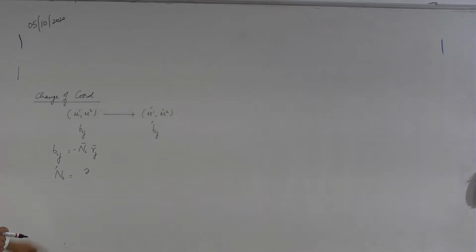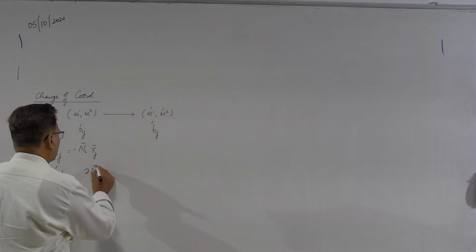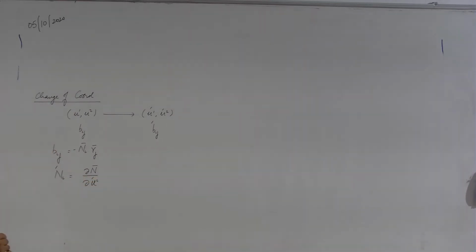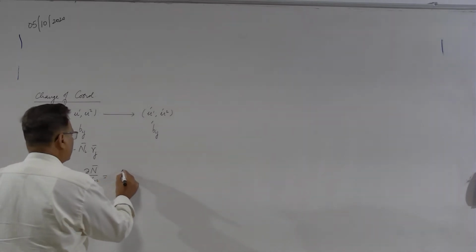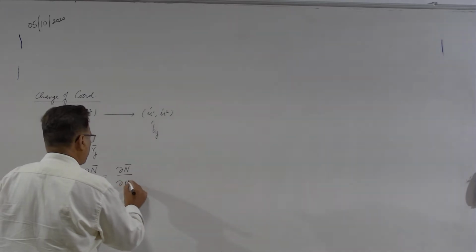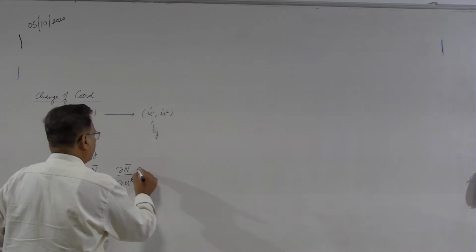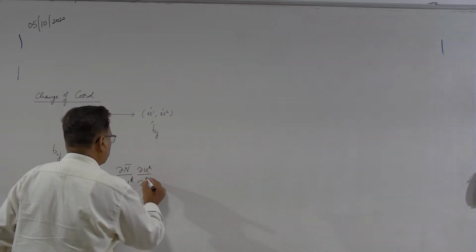So, let us see. Suppose n dash i denotes the derivative of n with respect to the coordinate u_i dash. This I can rewrite as del n over del u_k into del u_k upon del u_i dash.